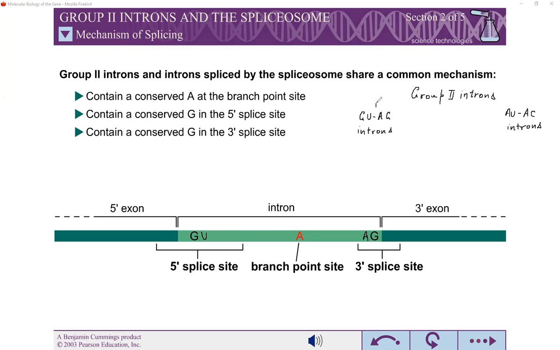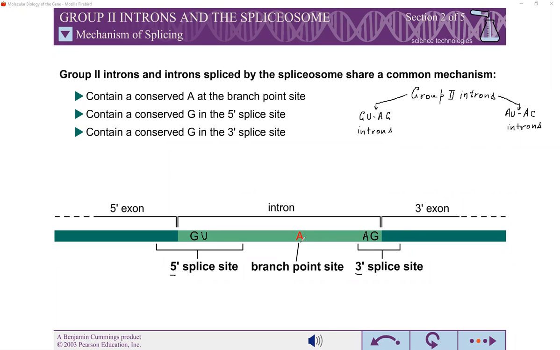These are the two different types of introns that could be present, because they have a conserved guanine and uracil residue at the 5' splice site, or an adenine and a guanine residue at the 3' splice site.